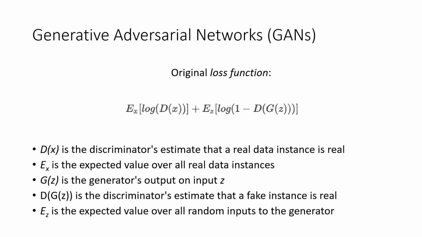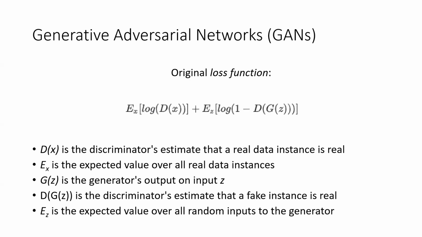Usually in practice, we train one model for a little while, then we fix it and learn the parameters of the other model, and we continue changing between training the discriminator and the generator until we think that the generator has learned to produce good examples. But in both cases, it uses the same loss function.